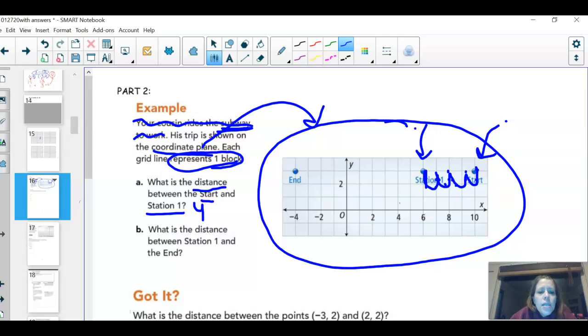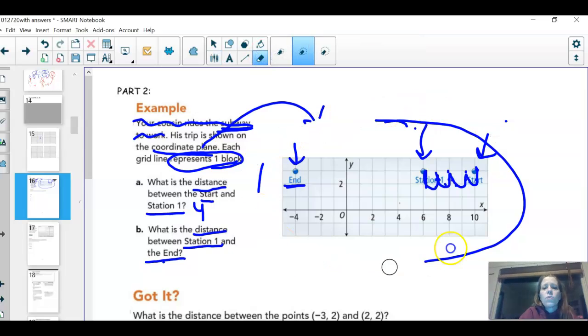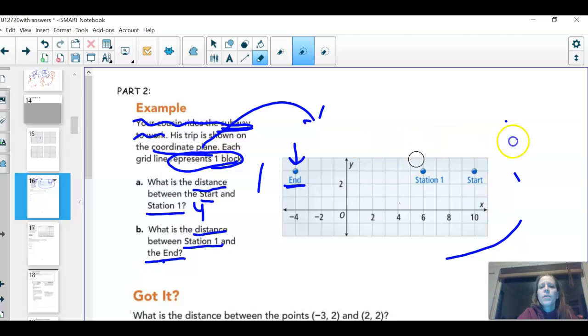Okay. What is the distance between station 1 and the end? Okay, ahora tú necesitas encontrar la distancia entre estación 1 y donde él va a terminar. The end. End of termining. Okay, so now I'm going to erase this because it's so messy. And I want you to think about what is the distance, okay?